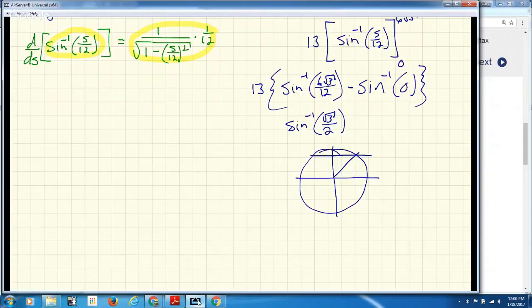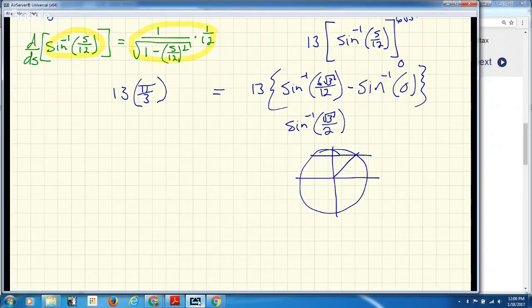All right, so let's move that out of the way. So I have the 13 on the outside times pi over 3 minus 0.